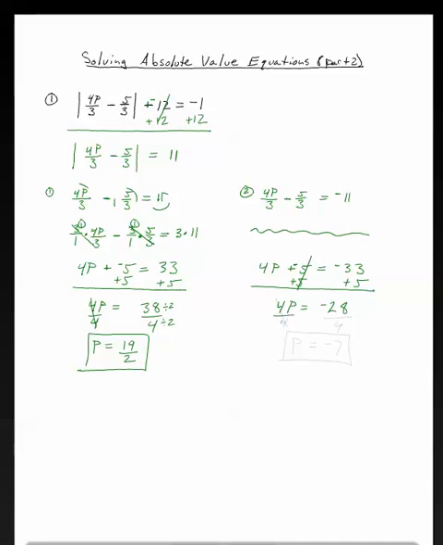And now I need to divide both sides by 4, and that gives me p equals negative 7. So my two solutions are p equals 19 over 2 and p equals negative 7.